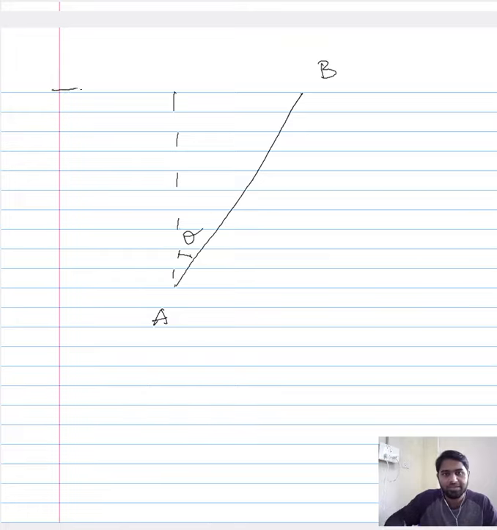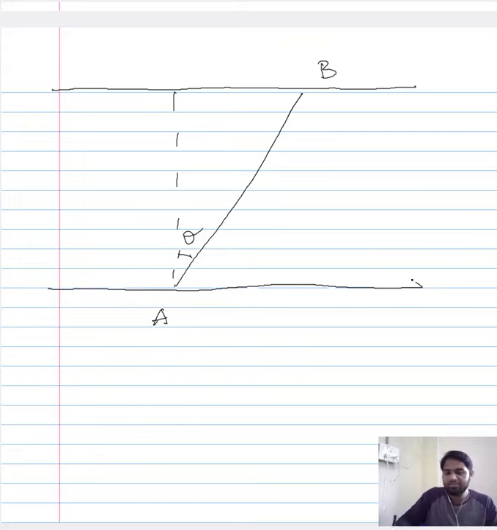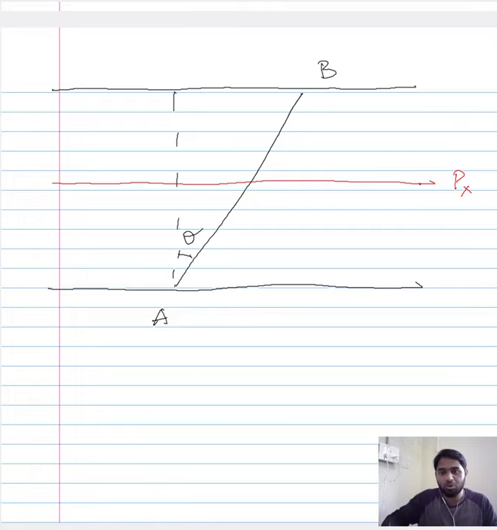So these are the edges of the plate, and the reason why we are required to replot it is because now we have to consider two loading directions. Now we have our regular loading direction, that is the x-axis. Let us assume the load along the x-axis as Px, and there is another loading direction, that is the y-axis.